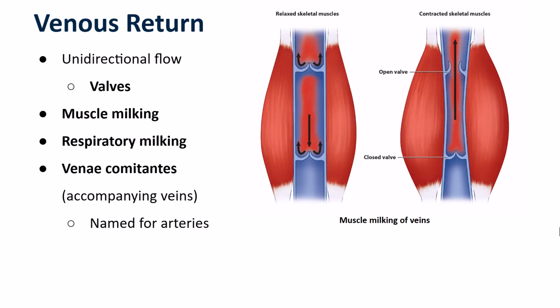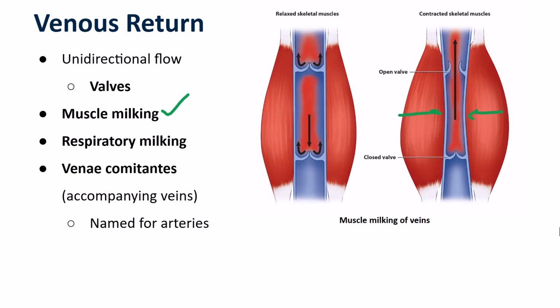And there are a couple of ways in which your body on the other side of the capillary beds with very low venous pressure can still encourage the movement of blood forward toward the heart. One of which is through a process called muscle milking. And with muscle milking, what happens is veins are going to be squeezed by adjacent skeletal muscles.